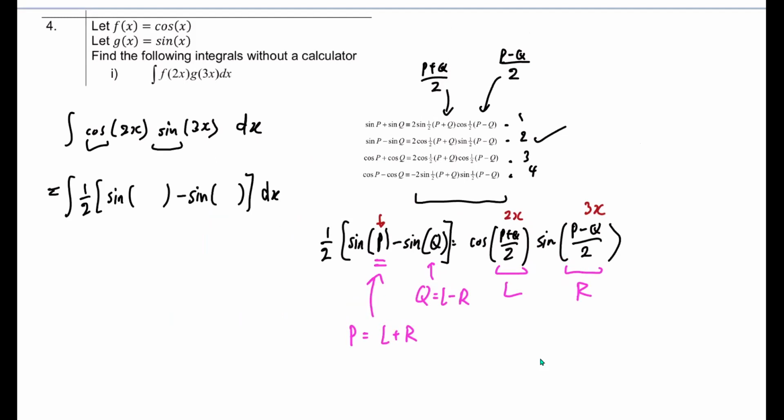L plus R. So L is 2x, R is 3x. So this must be 2x plus 3x, which is 5x. And for the other guy, it must be L minus R, which is 2x minus 3x, which gives you negative x.